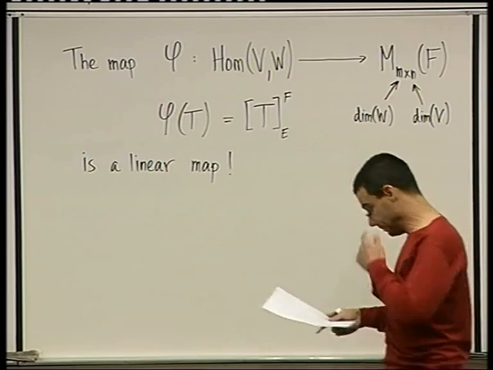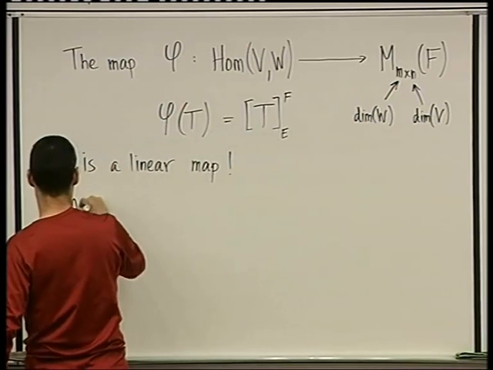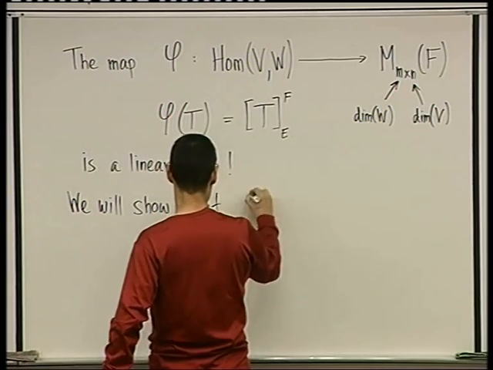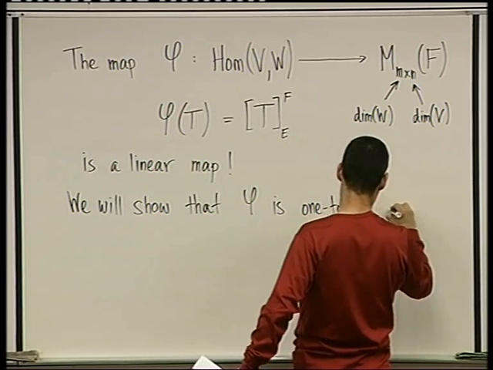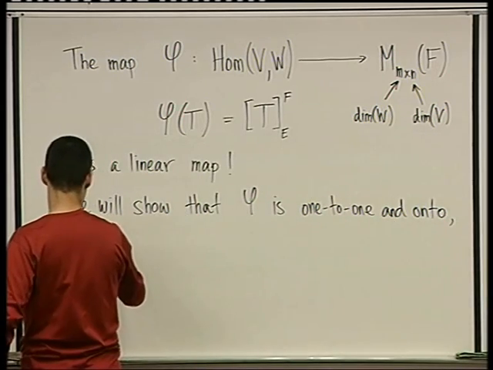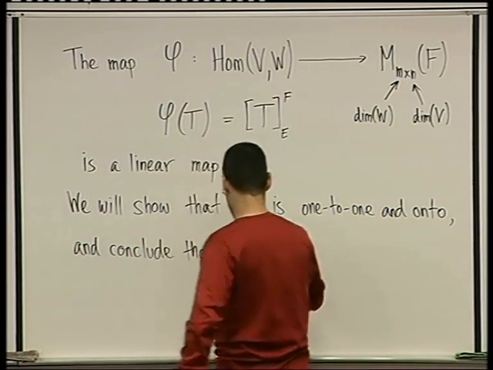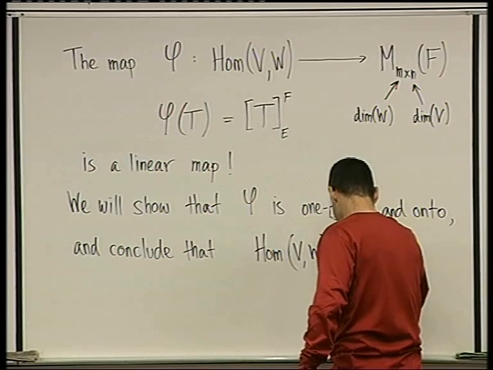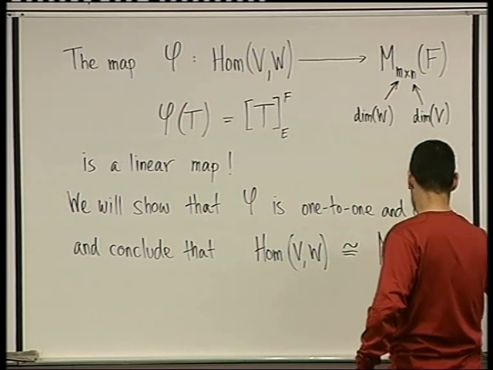So we will show that phi is one-to-one and onto, and conclude that Hom(V,W) is isomorphic to m by n matrices over F.